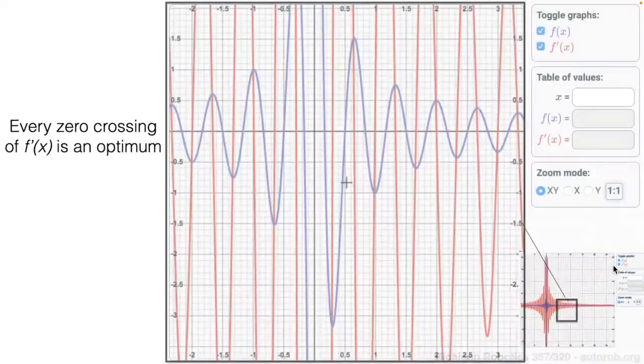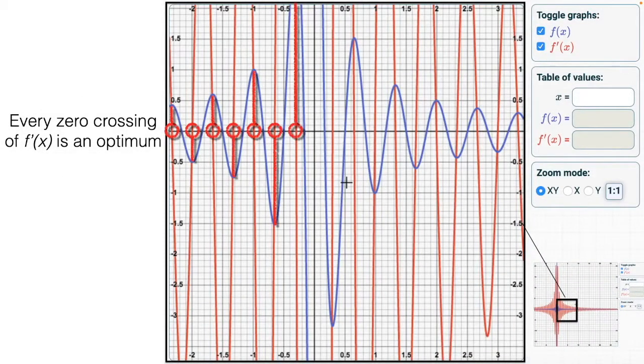If we zoom in, we'll see that there are many points at which the derivative of the function is equal to 0. If we wanted to calculate the global minimum for this function, we would have to compare the value of the function at each one of these crossover points using the technique that we've described. That would require a number of comparisons to find the global minimum.